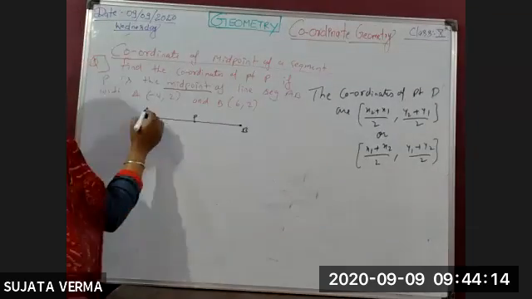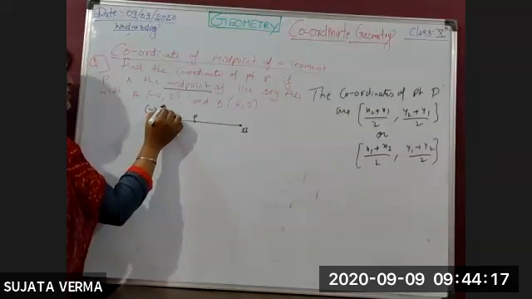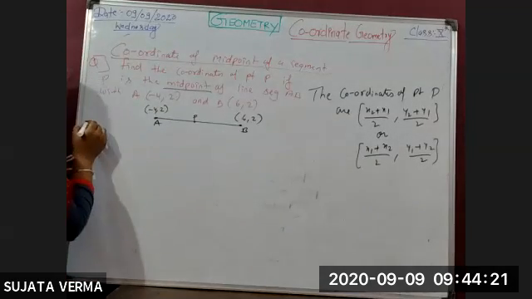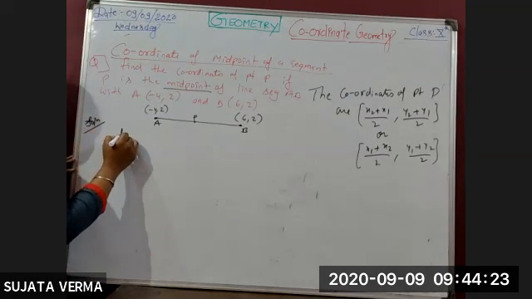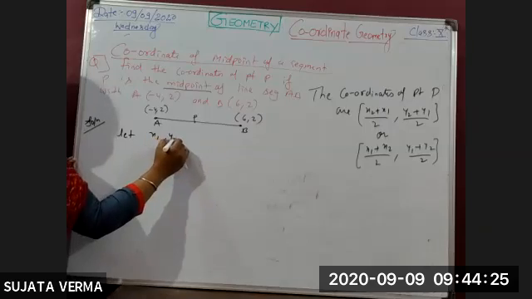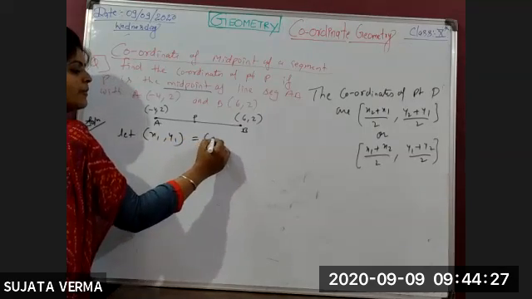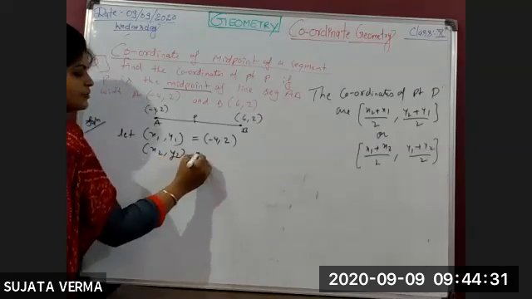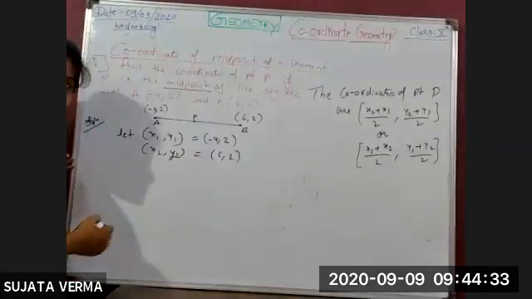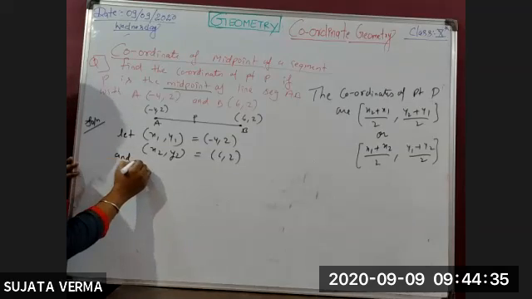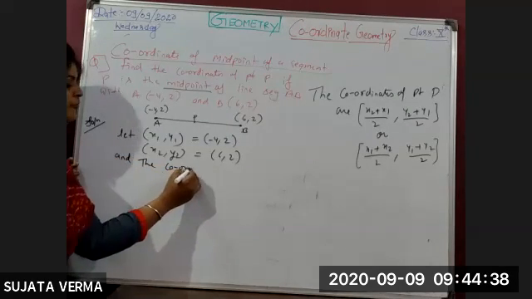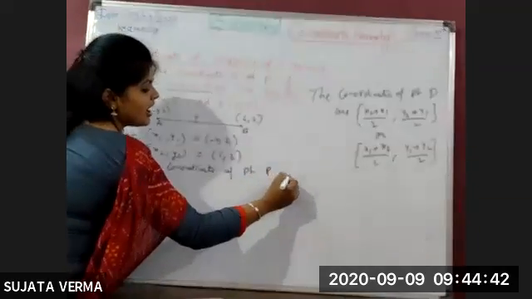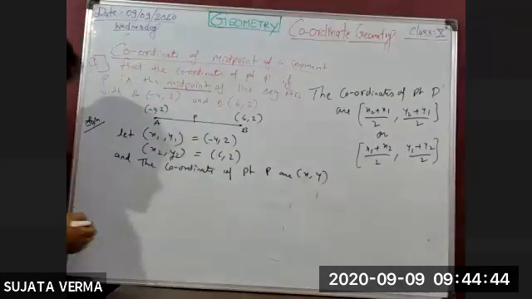So we write the formula. First we write the coordinates of A and B. Solution: let x1, y1 is equal to -4, 2 and x2, y2 is equal to 6, 2, and the coordinates of point P are x, y.